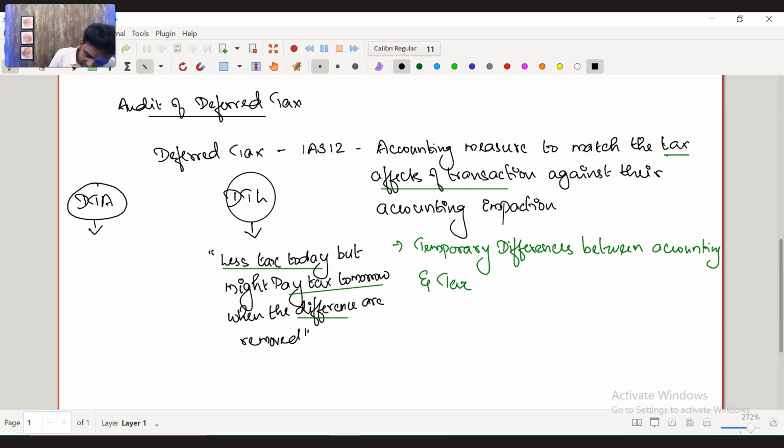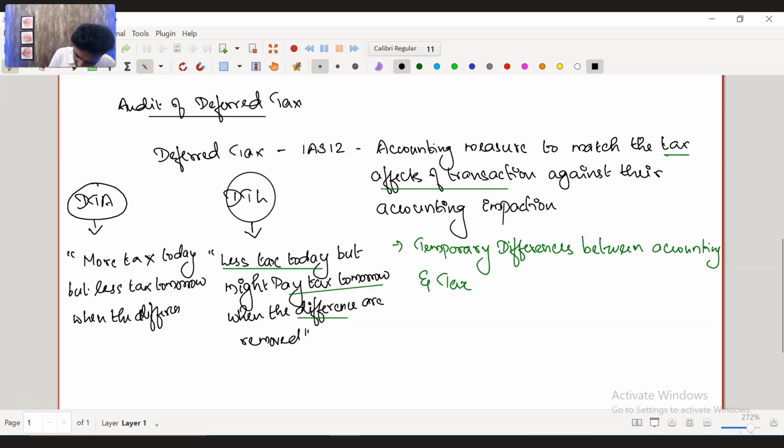When it comes to deferred tax asset, we might end up paying more tax today, but less tax tomorrow when the differences are removed. So just the opposite of the deferred tax liability. Less tax tomorrow, more tax today.